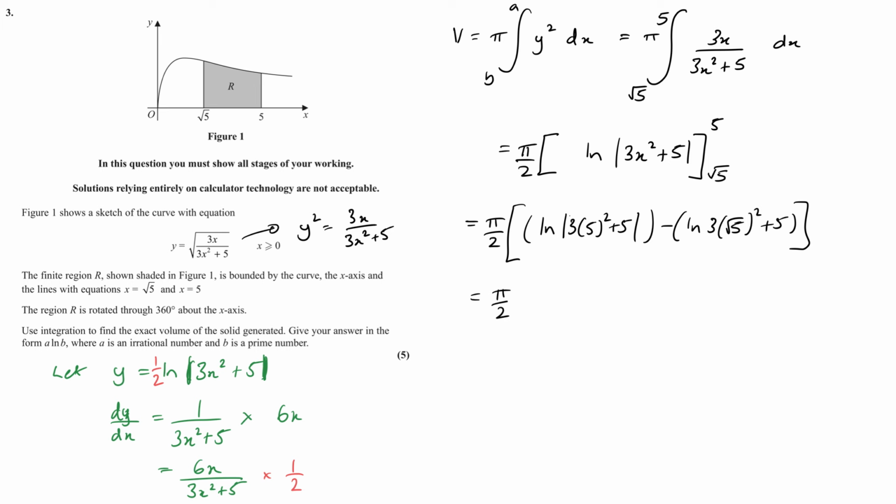So leave my pi over 2 on the outside. So I've got ln 80 minus ln 20. So this equals pi over 2. Now ln 80 minus ln 20 is ln 80 over 20. Okay, and that is obviously going to be ln 4.